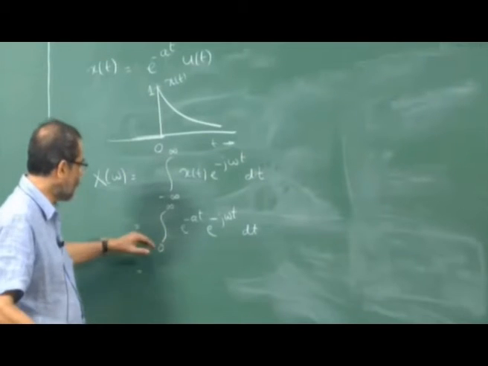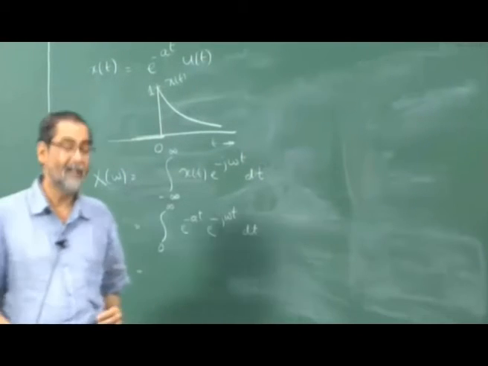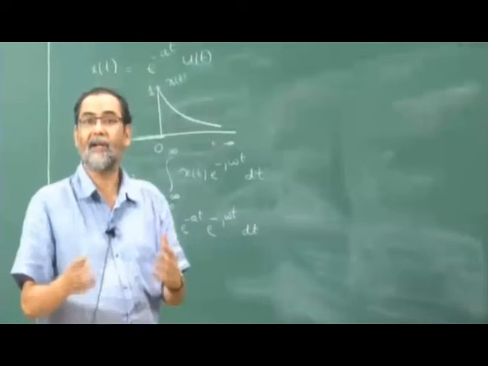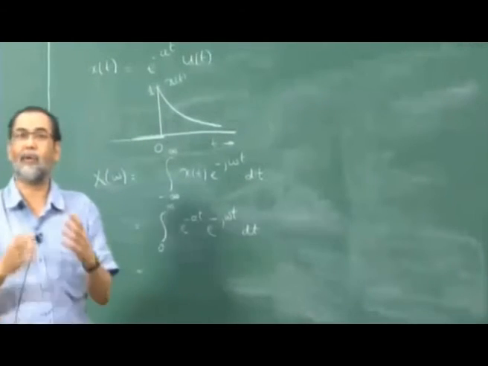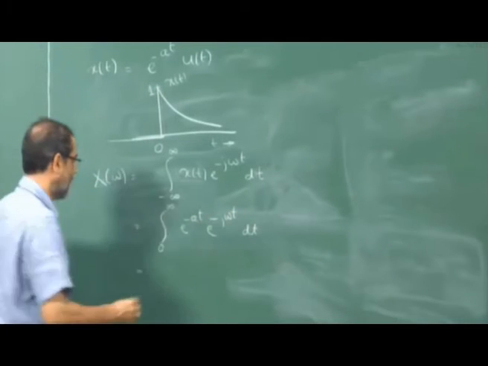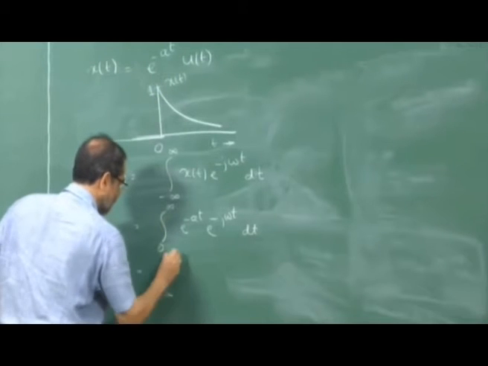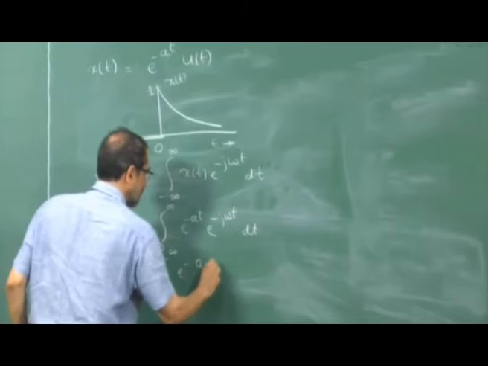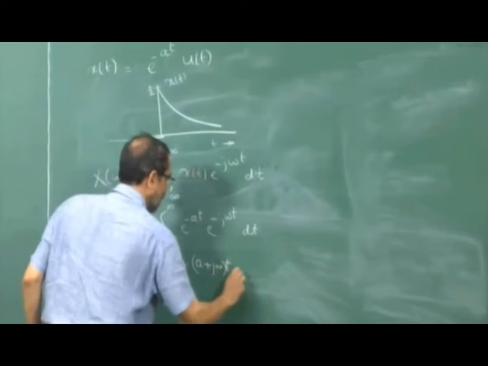Let's assume this integral exists. We will have to worry about that because it's an improper integral. Every time I have an improper integral, I worry about its existence. For what value of a it is defined. So this is 0 to infinity e raised to minus a plus j omega into t dt.